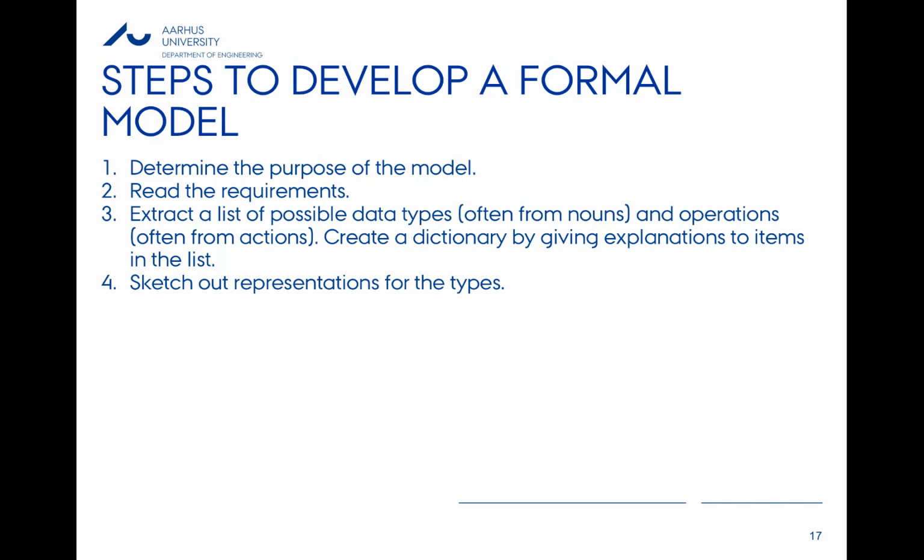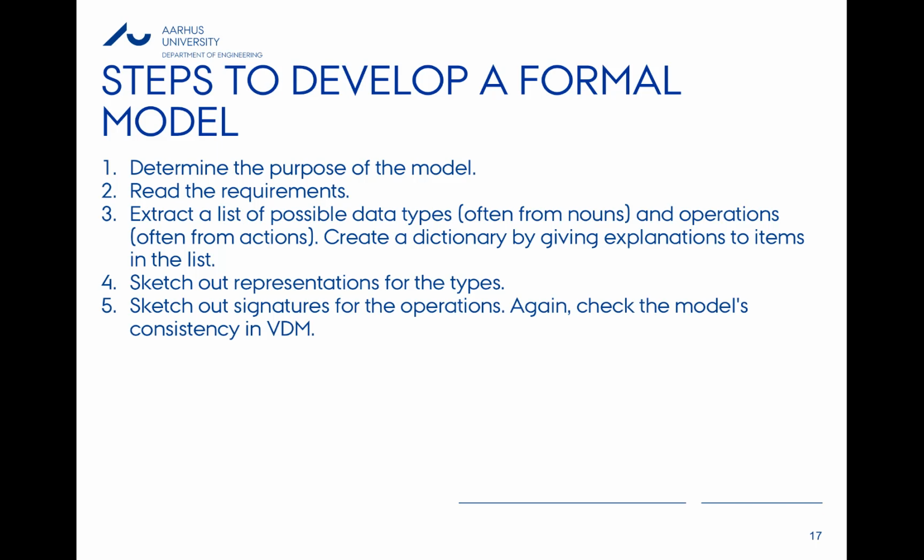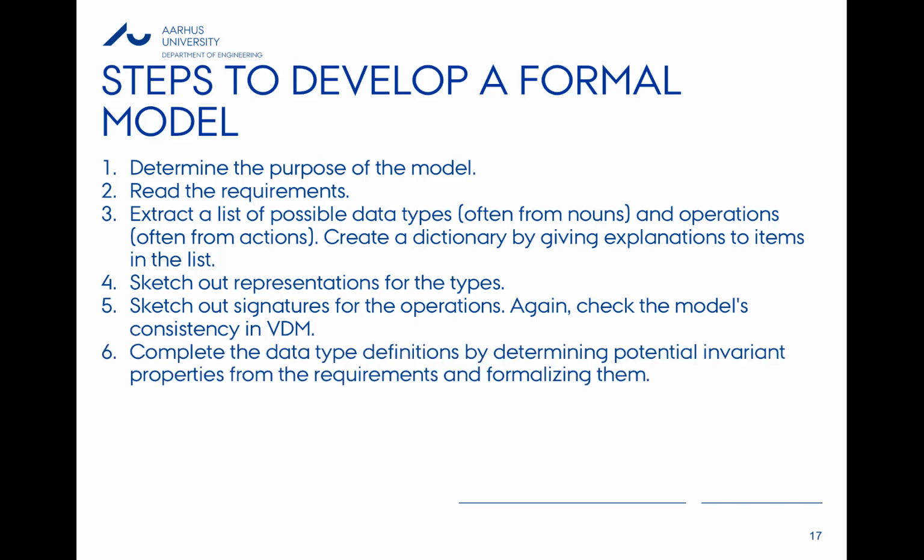Now, next step would be to sketch out representations for the types, and then sketch out what I call signatures for the functions and operations. Again, you can check the consistency of these using the Overture tool. Signatures are essentially the types that the functions and operations take as input and give as results.